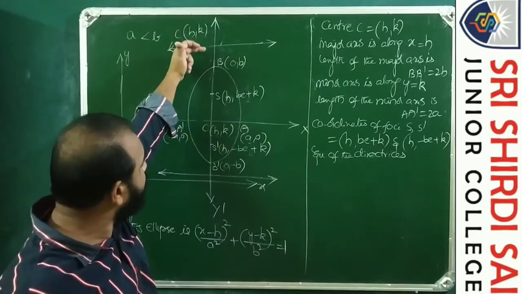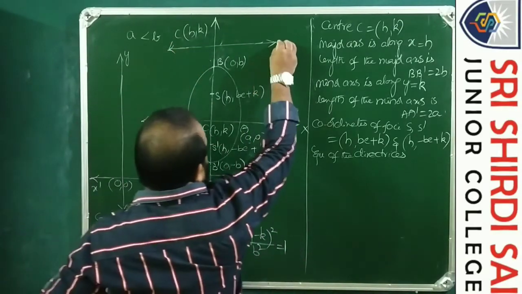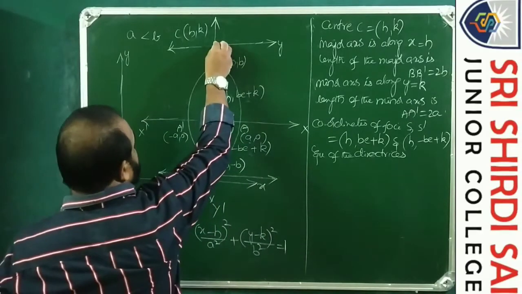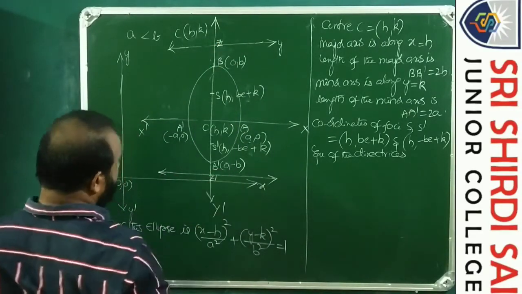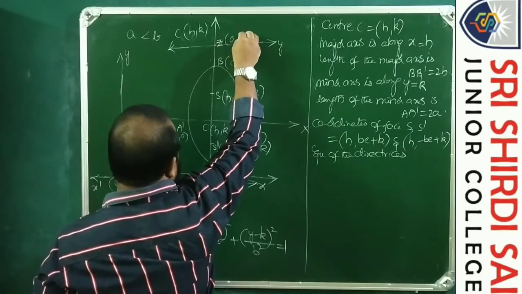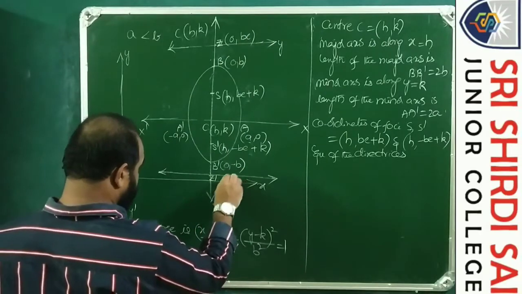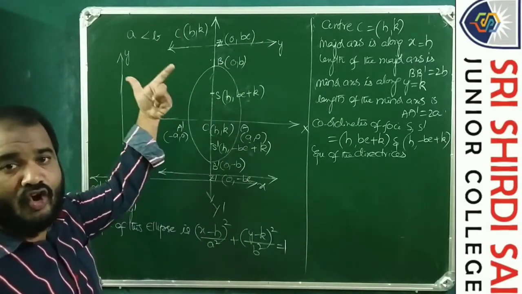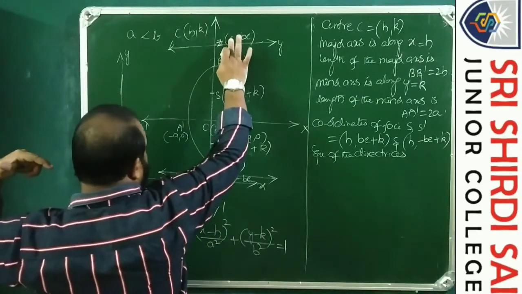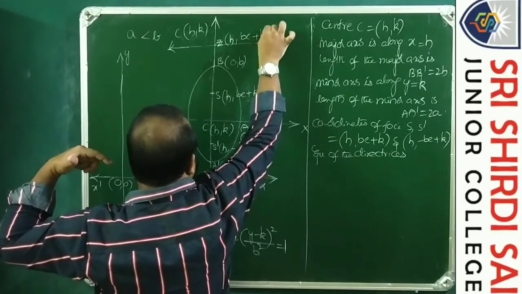Here the points Z and Z dash are 0 comma plus b by e and 0 comma minus b by e. With the center at the origin, but here with 0, h will be added, and for this, k will be added.